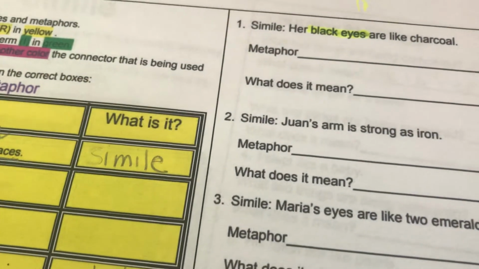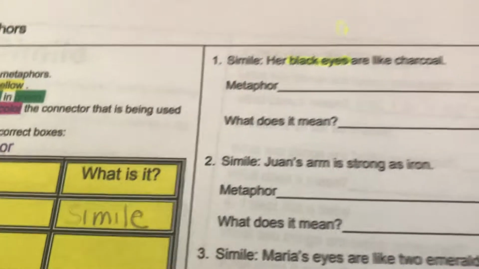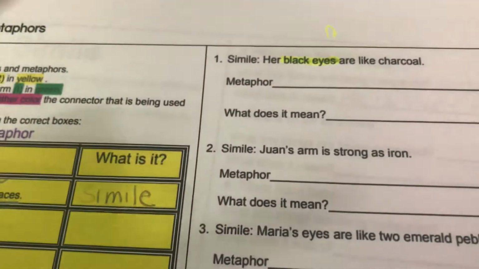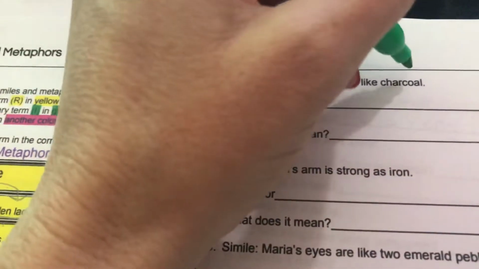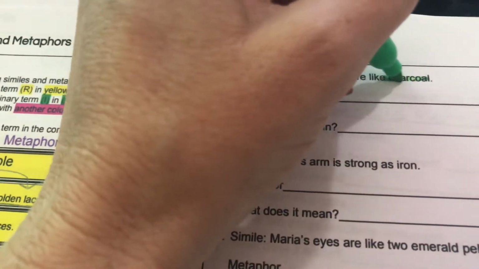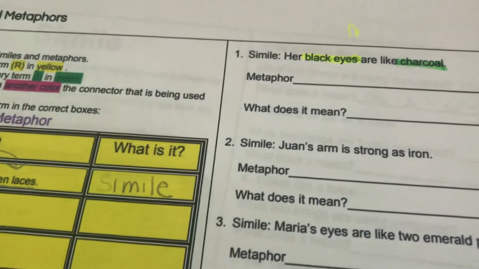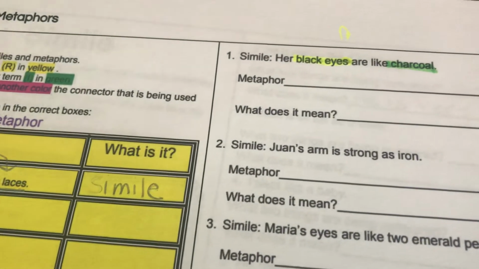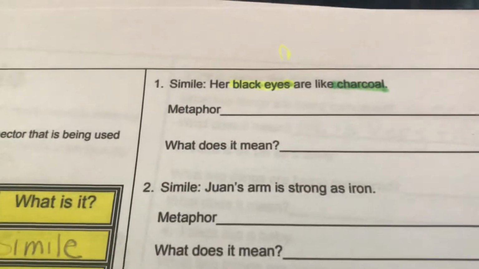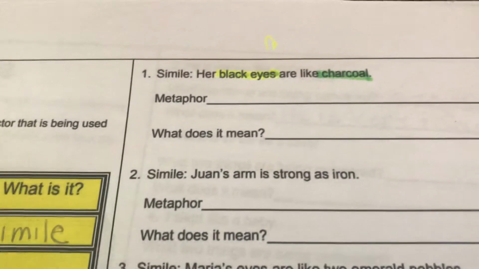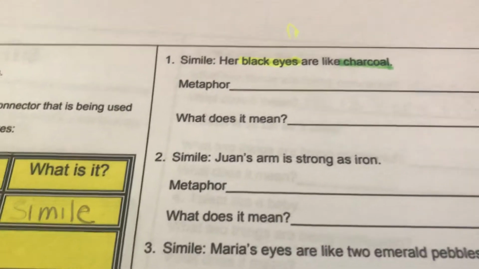The imaginary term is charcoal. Now again, we know that charcoal is real, right? But in this case, when they say imaginary, we know that black eyes cannot really be charcoal, right? They're just being compared to charcoal because charcoal is really black.